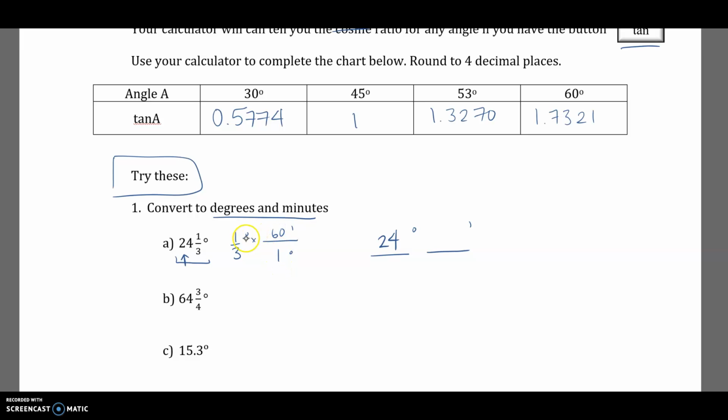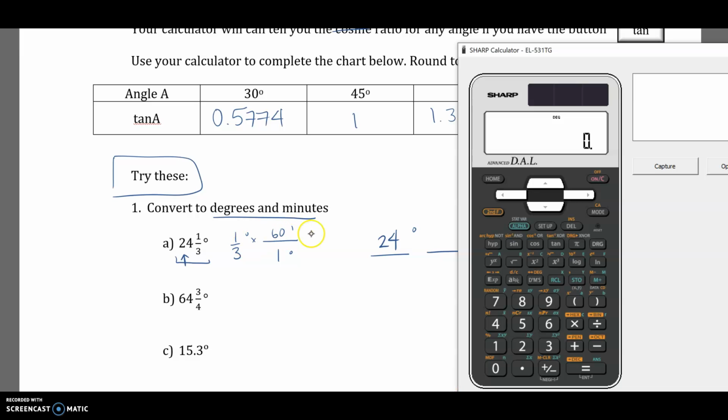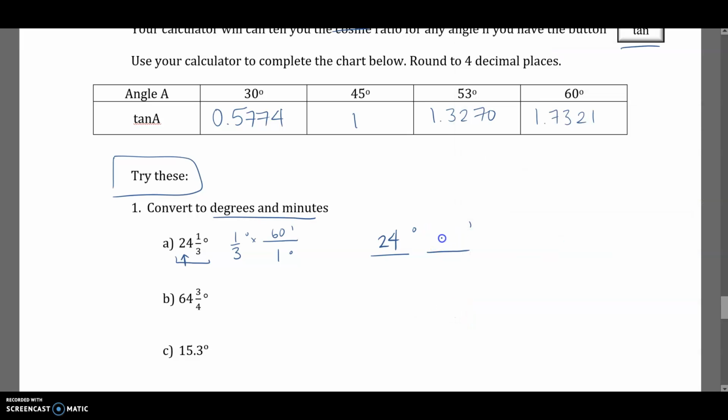Keeping the fraction set up like this, I can go to my calculator and multiply 1 times 60 and divide by the denominator 3. 1 times 60 is just 60, so you can shorten that just by doing 60 divided by 3, and we get 20 minutes. So 1/3 of a degree is 20 minutes. So 24 and 1/3 of a degree is 24 whole degrees and 20 minutes. Same idea for 64 and 3/4 of a degree.